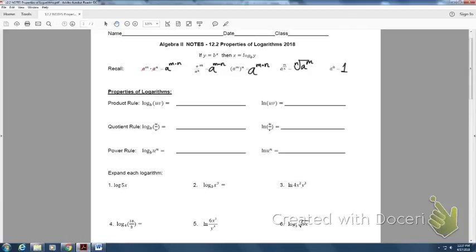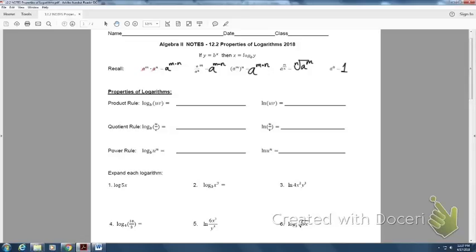So now we're going to come down and talk about similar ones with logarithms. Here I've got log base b of u times v. However many terms you have, that's how many log base b's you're going to write out.